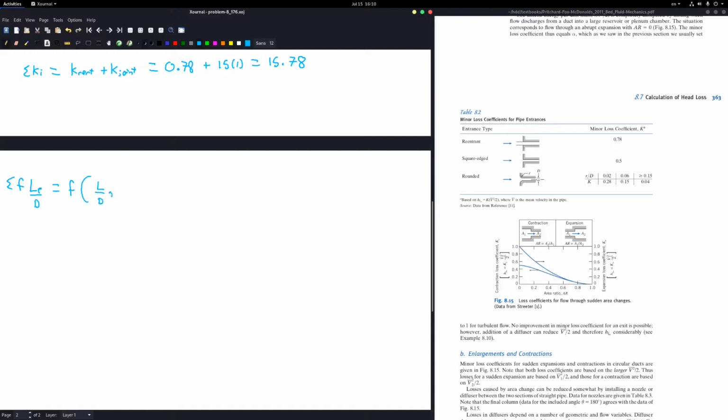Now onto the major losses of the system. We have the globe valve. We also have the 90-degree bend before the pump, and we have two 45-degree bends, one right after the pump and then one just before the outlet.